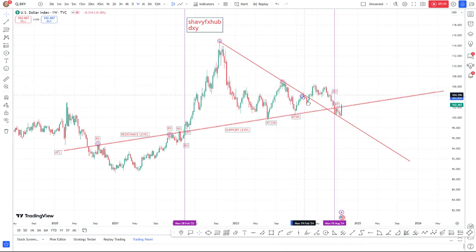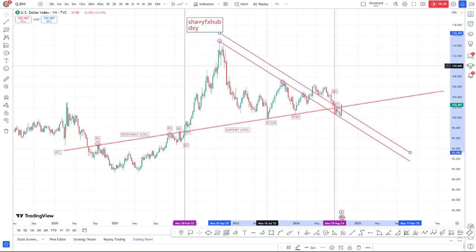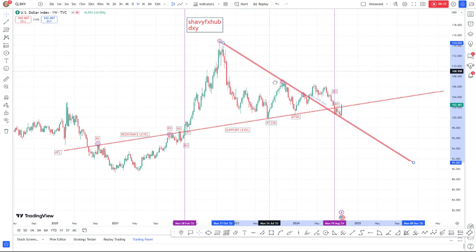A breakout of that structure will call for an imminent retest. The DXY didn't disappoint us, and the structure has been following the market structure. And the strategy must kick in to state exactly what it means to break a structure.